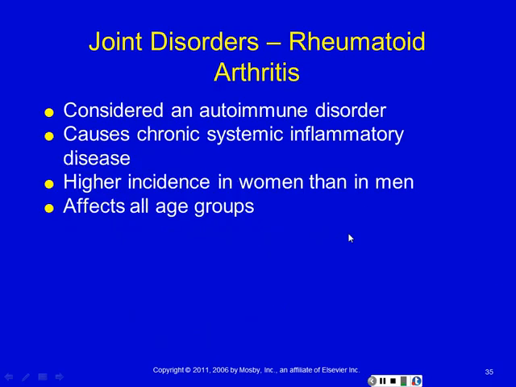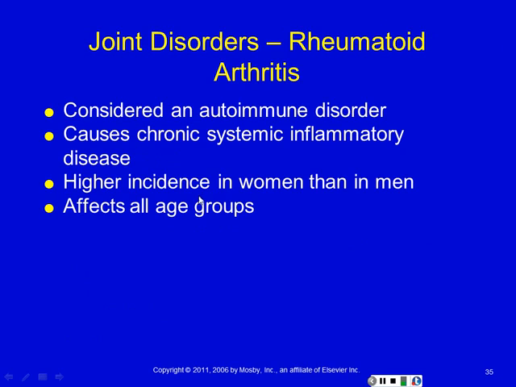All right. So the other one is rheumatoid arthritis. It's a little more complex because, unlike a wear and tear type scenario, rheumatoid arthritis is an autoimmune disorder. This is where the body's own immune system is attacking the articular cartilages and the joint capsule.